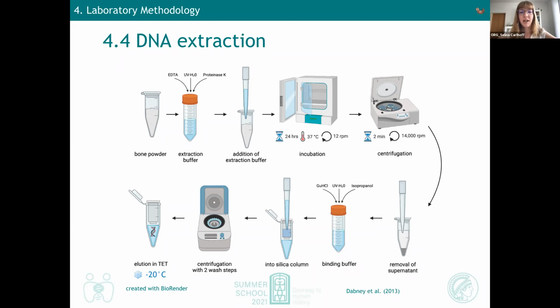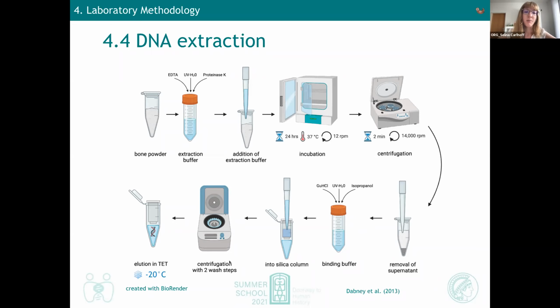So to separate the DNA from everything else that's still in solution, we use the binding buffer, which contains guanidinium and an alcohol. We use these in combination with silica columns, where the DNA binds to the walls, and then we wash through the column to remove everything else.